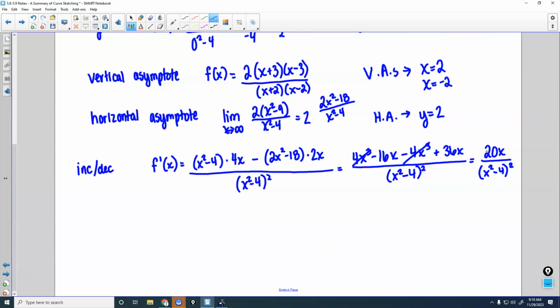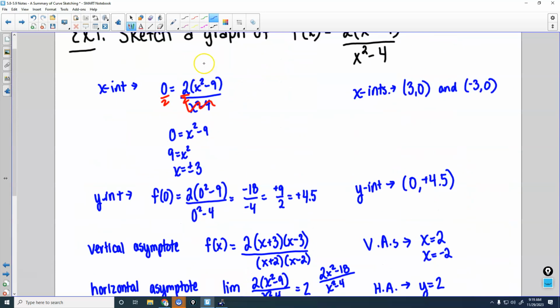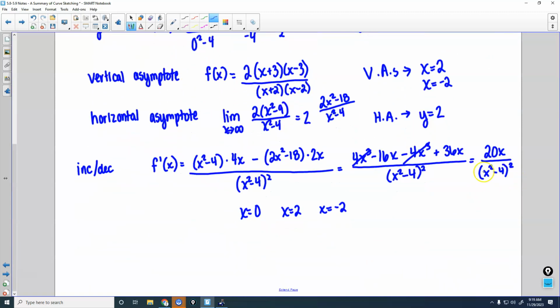Our critical points of that are going to be x equals 0, x equals 2, and x equals negative 2. The 0 will give us a 0 in the top, and the bottom, we already solved that earlier for 0 when we were doing our vertical asymptotes. We get a positive 2 and a negative 2. So if we make a sign line here, we've got 0, negative 2, positive 2. Really, the denominator is always going to be positive because you're squaring it, so you don't really have to check the denominator.